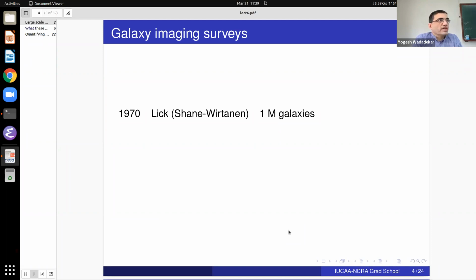These, remember, are photographic surveys. Until about the year 2000, everything is a photographic survey. Then it suddenly becomes digital. In 1990, there was the APM survey, which had 2 million galaxies in it. By 1995, DPOSS. In the 1950s, a large survey was carried out with one telescope in the northern hemisphere and another in the southern hemisphere, using photographic plates and Schmidt camera type telescopes to image the entire sky.